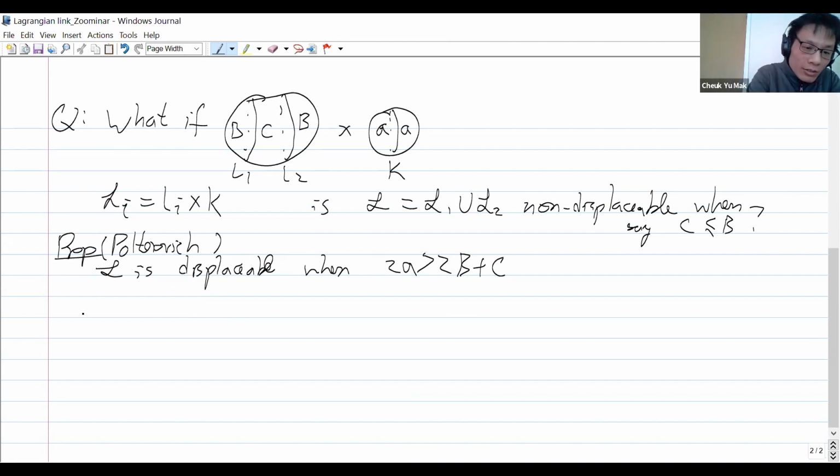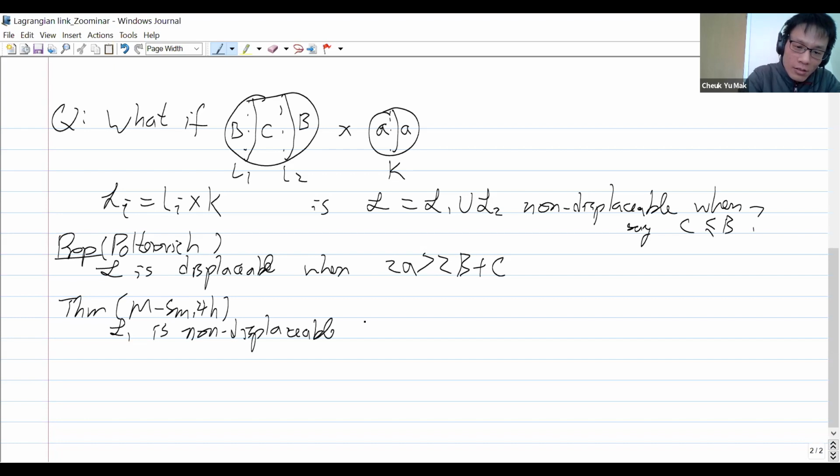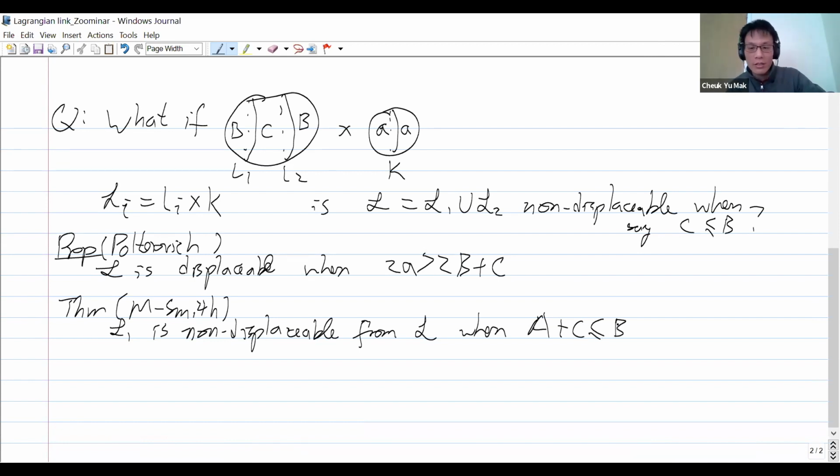And the result I want to talk about today says that it is actually non-displaceable when A is small: L1 is non-displaceable from L when A plus C is less than B.